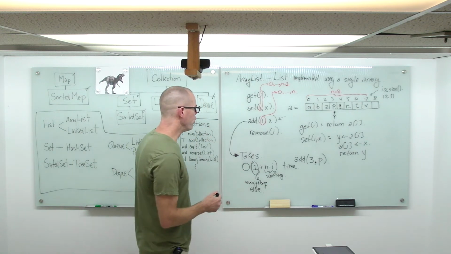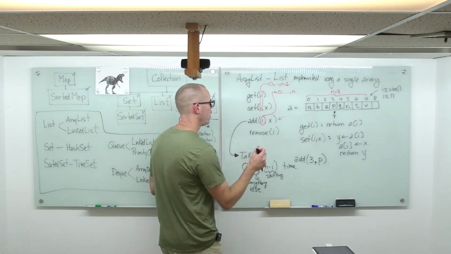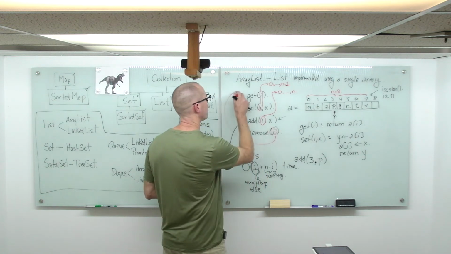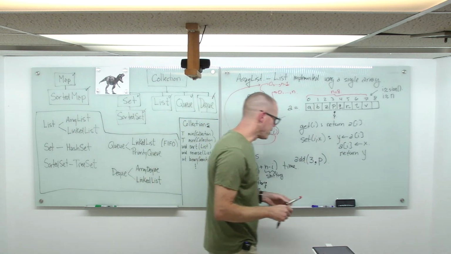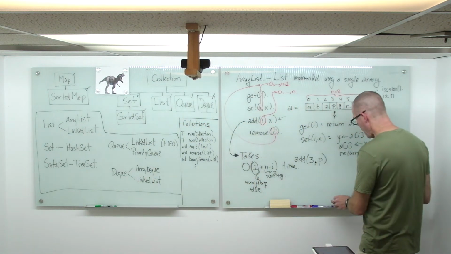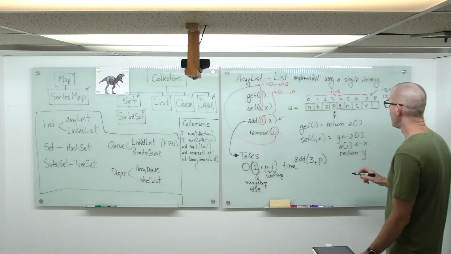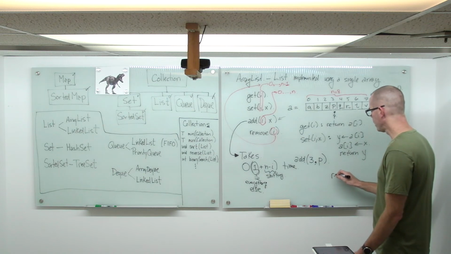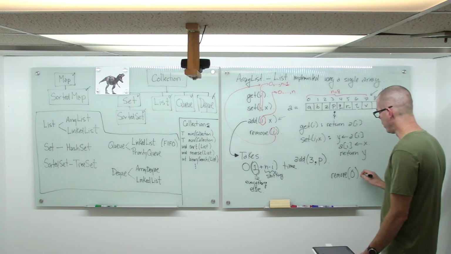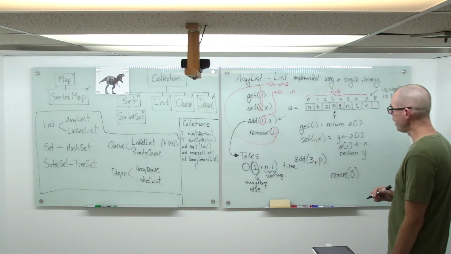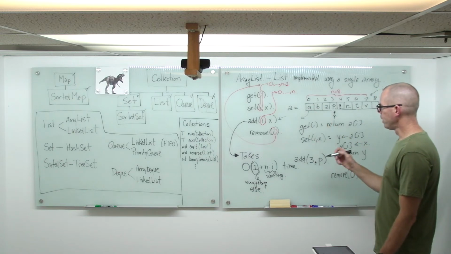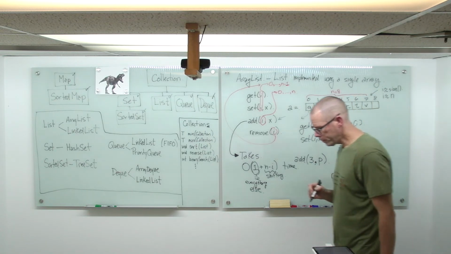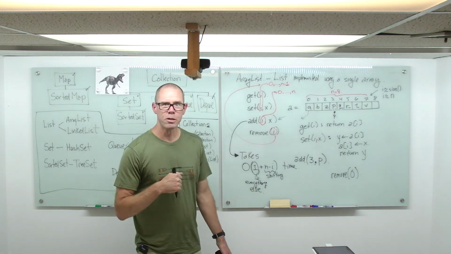And of course, the remove operation, this also can only be 0 through n minus 1. And it suffers from exactly the same problem as the add operation, because now if I decide to do something like remove 0, then that means A is going to go away, so I'll pluck it out and return it, but something has to take its place.